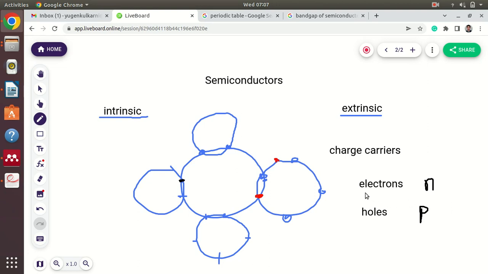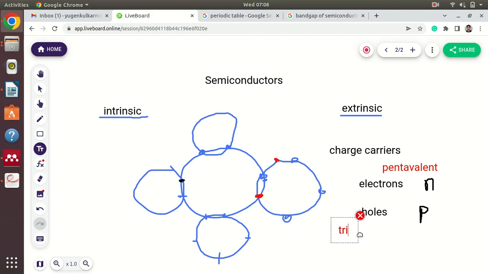So if we have an n type semiconductor, this means we have added a pentavalent impurity. I will write these two words also, pentavalent. When a pentavalent impurity is added, we get n type material.